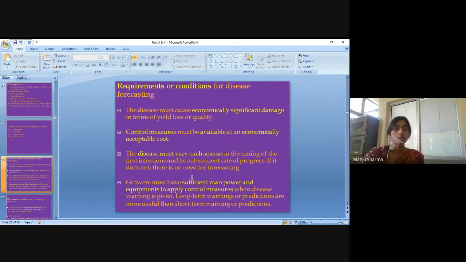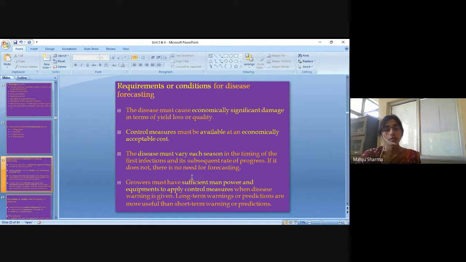The disease must vary each season in the timing of the first infection and its subsequent rate of progress. If it does not, there is no need for forecasting.